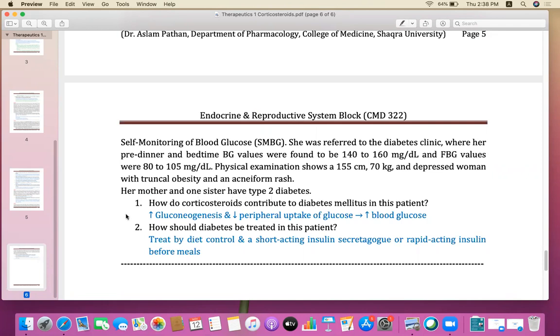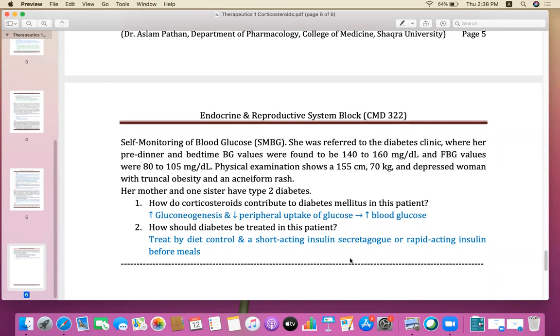What is the question? How do corticosteroids contribute to diabetes mellitus in this patient? Yes, we discussed it in our objective. Because corticosteroids decrease the utilization of carbohydrate and glucose by the tissue and muscle, the blood concentration of glucose is increased, leading to hyperglycemia.